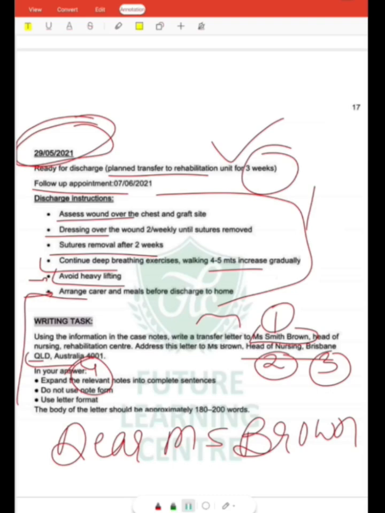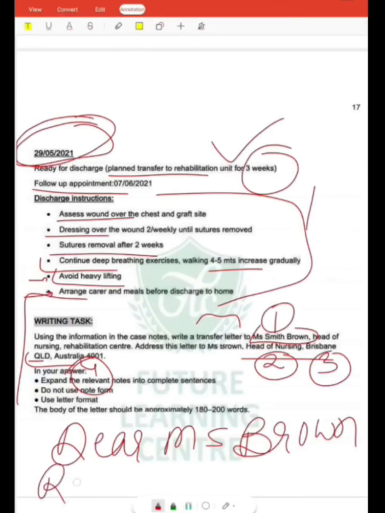First is Miss Smith Brown, second is Head of Nursing, third is Brisbane QLD, and fourth line is Australia 400 or 001. Okay, after that you need to write your date, and after one line you will write, dear Miss Brown, and after that you will write, regarding. You need to drop one line after each.